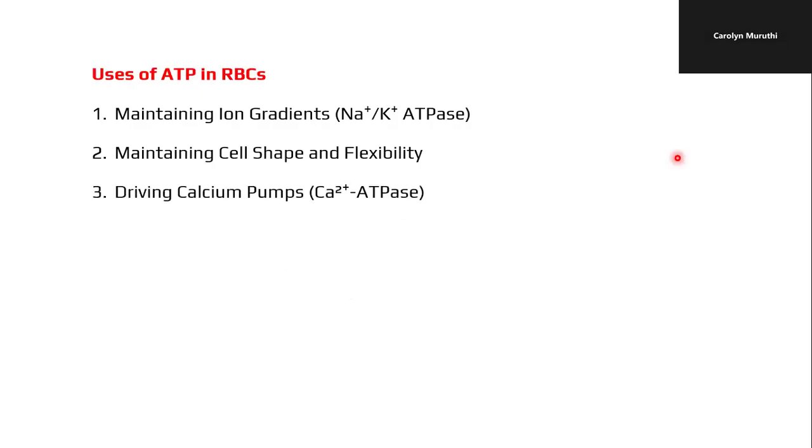Further, we see that ATP is also used to pump calcium out of the cells, thereby maintaining very low intracellular calcium ions, and this will prevent unwanted activation of proteases and also membrane rigidity.